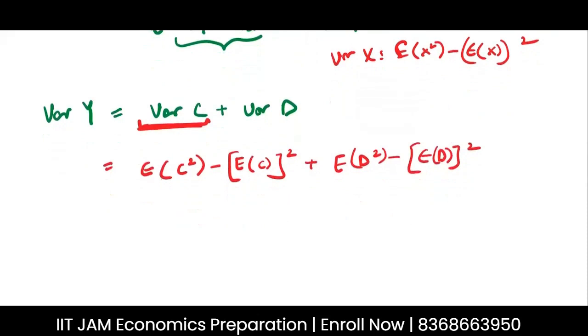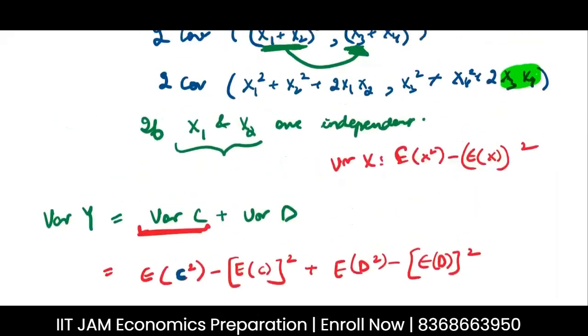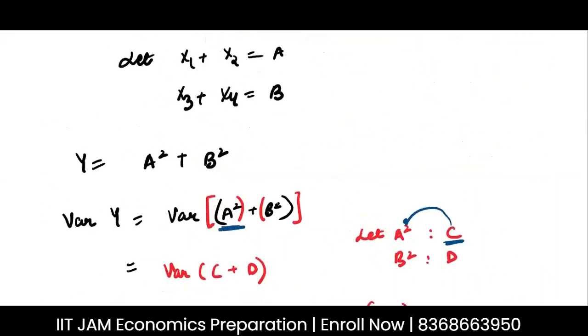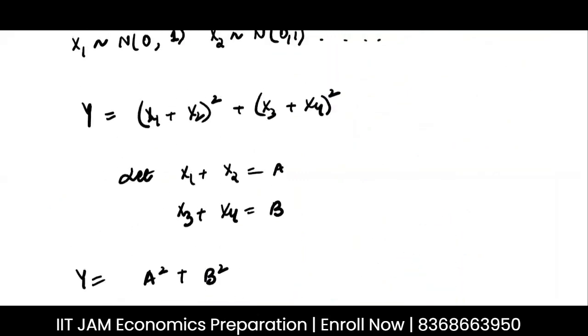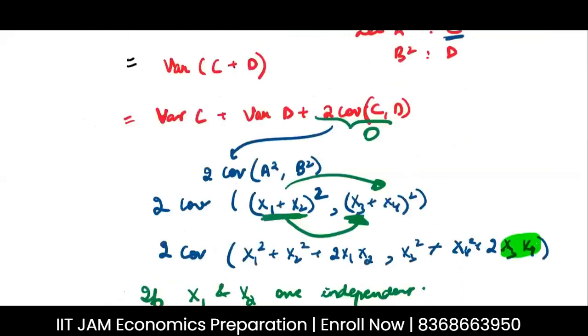Now let's go ahead and talk about this in a bit more detail. First of all, what was C? C was A square. What was A square? A square was X1 plus X2 whole square.